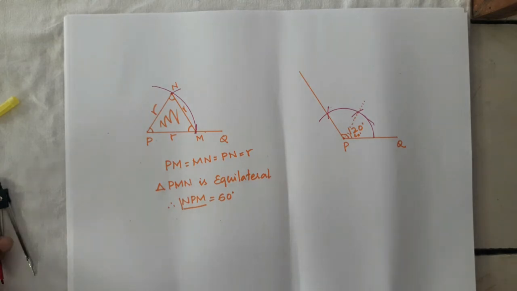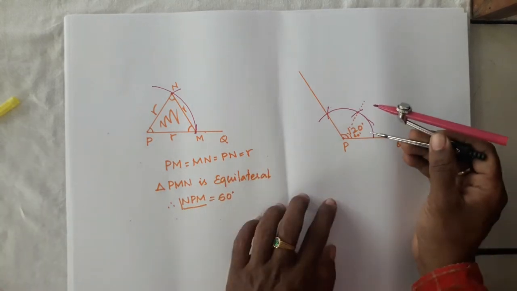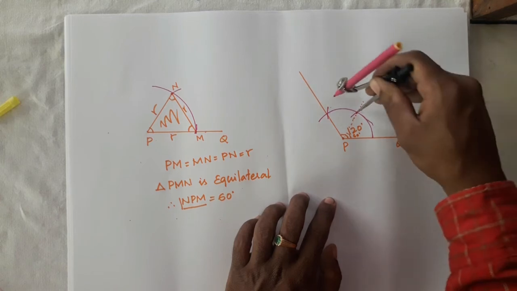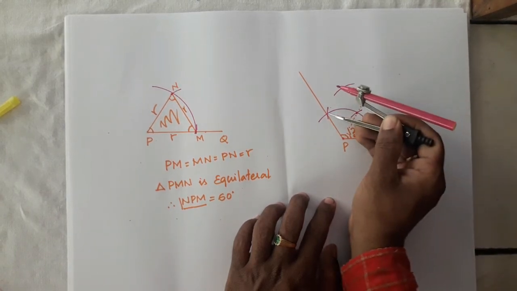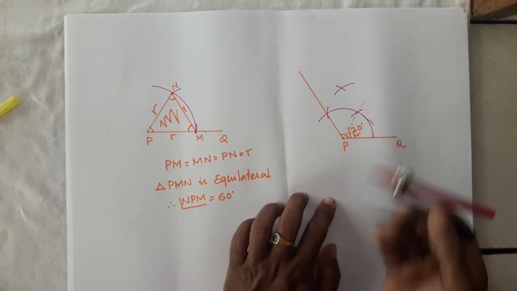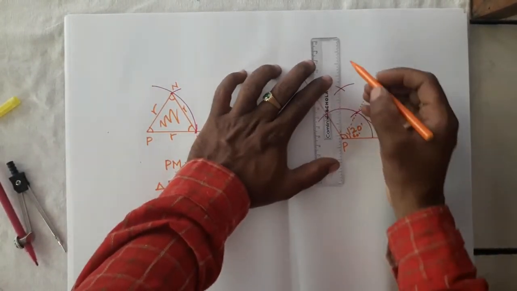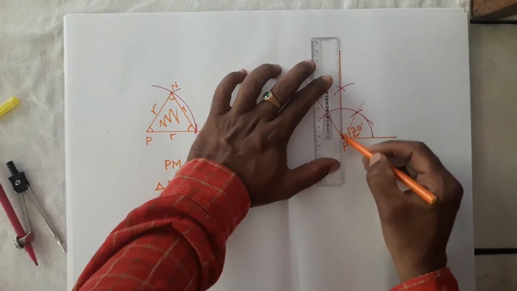Now to construct 90 degrees, I am going to take the same radius and cut arcs using these two centers. If I join them, I am going to get 90 degrees.